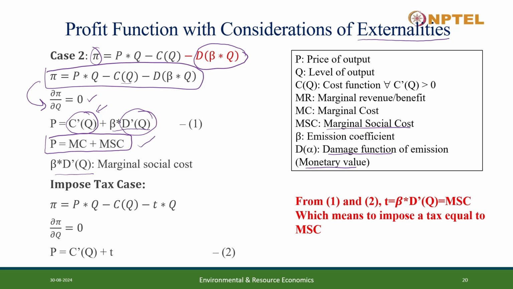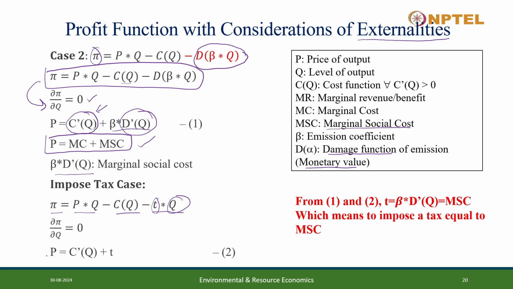Now the question is, how much tax do I need to impose on the firm? Let's say pi equals P into Q minus the cost minus the tax which the firm will have to pay. T is my tax per unit of production, and Q is the level of production.